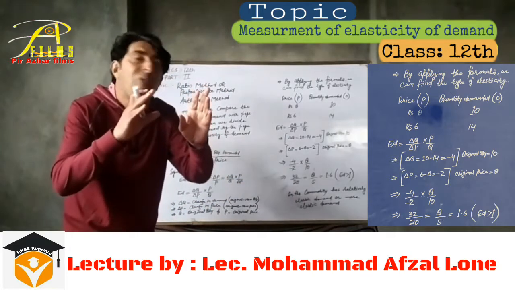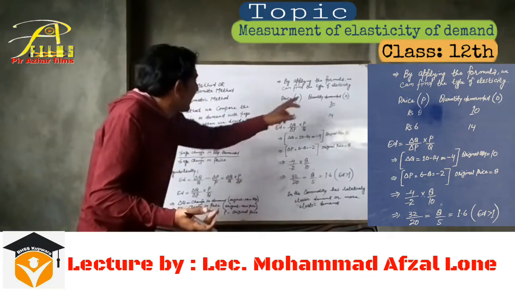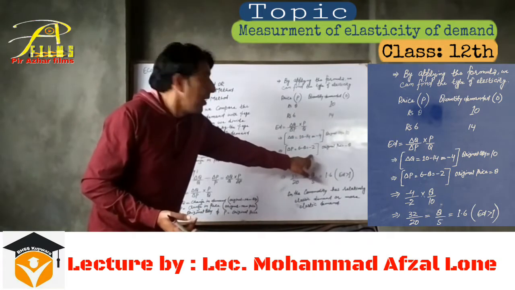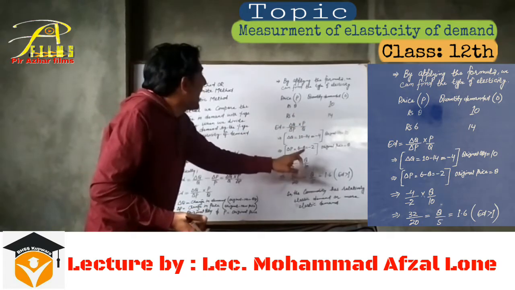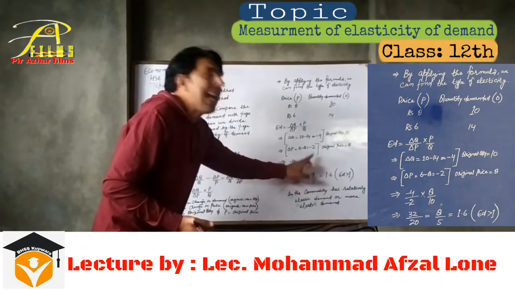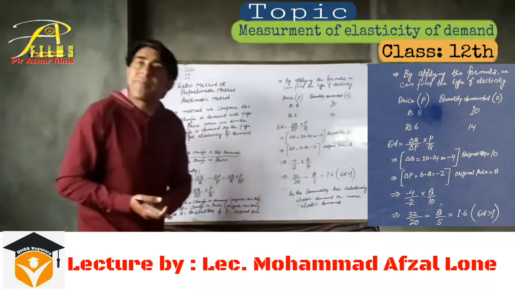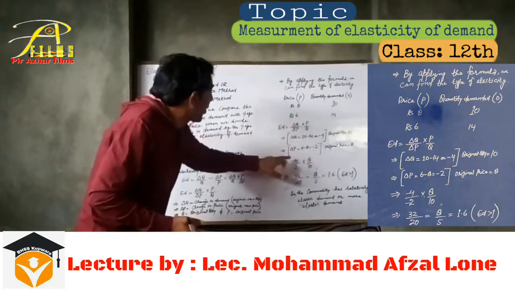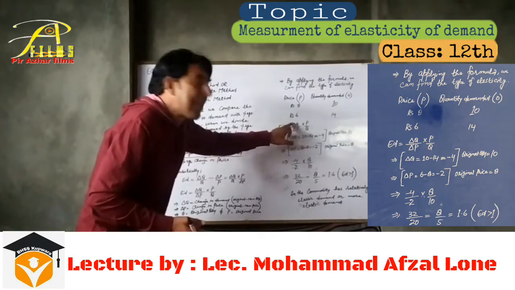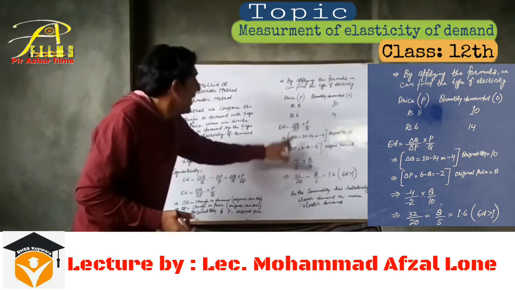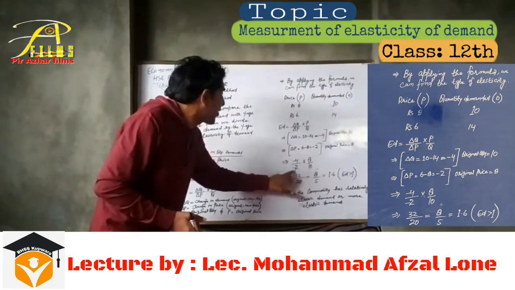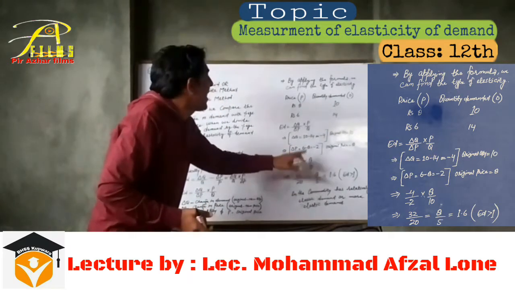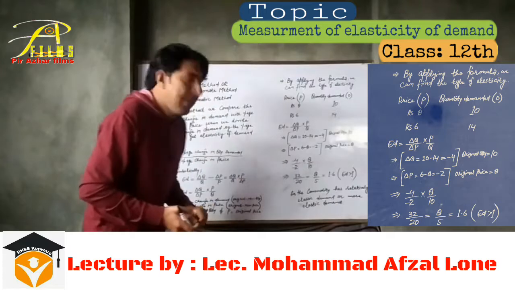Now we have all the values available here. Delta Q minus 4, delta P minus 2, original price 8 and original quantity 10. Now insert the values in the formula. Instead of delta Q we write minus 4, instead of delta P we write minus 2, into P original price divided by Q original quantity.